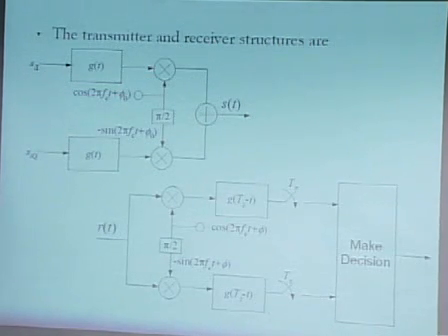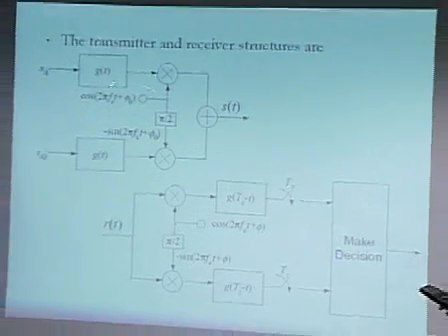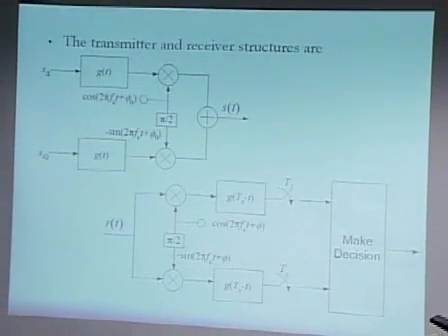And the structures of the receiver and transmitter are the ones we've seen before. Definitely we've seen these before, right? And we haven't seen this structure, although we've talked about it. You take the I and Q information coefficients, give them the shape g(t), multiply one by the cosine and the other one by the sine, obtained as usual by just shifting a cosine, add them up, and that's your signal.